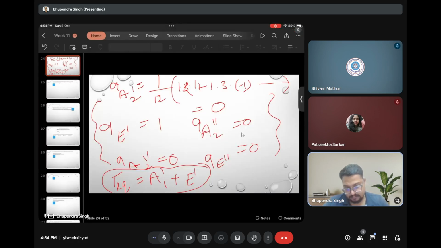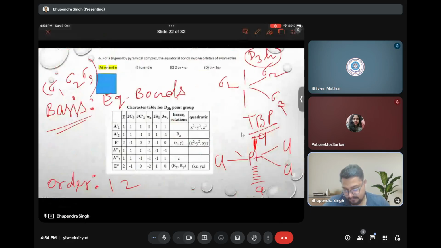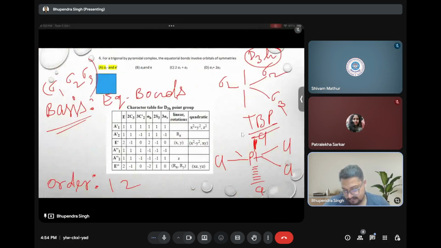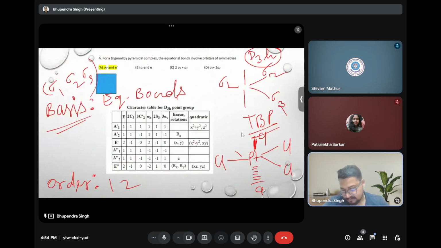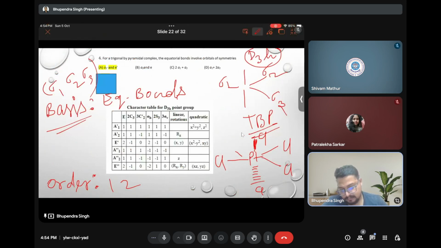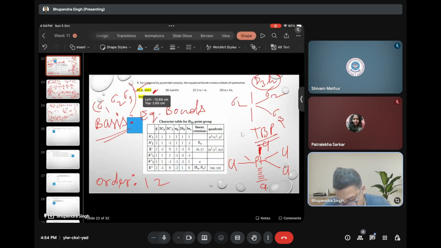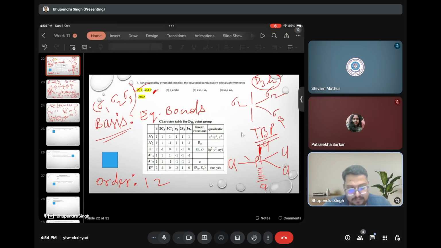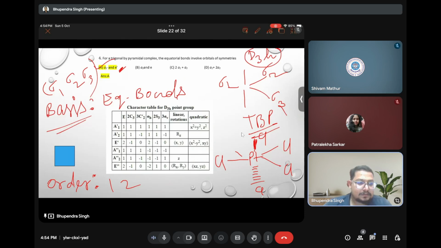So A1 dash plus E dash, this is your answer. Yes, so I think we have solved it correctly.